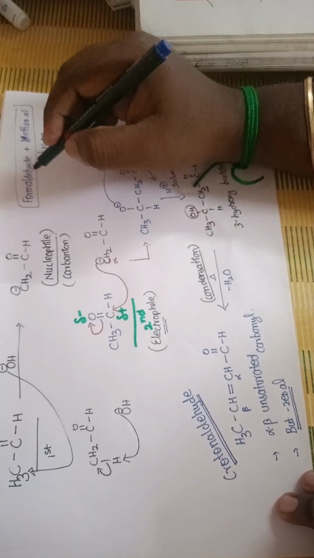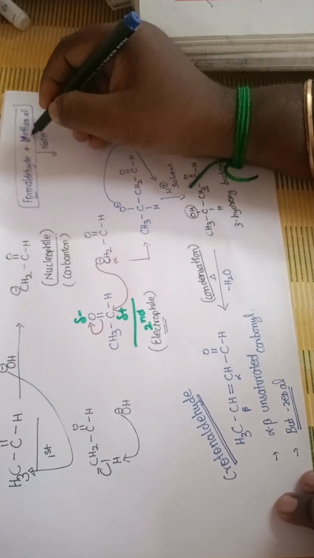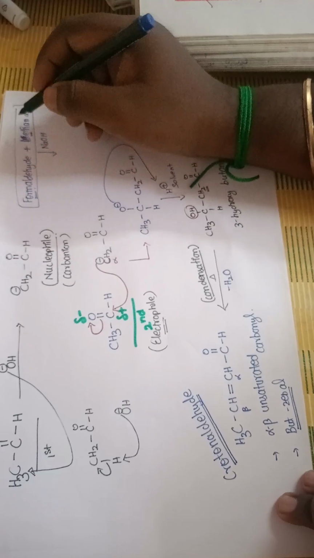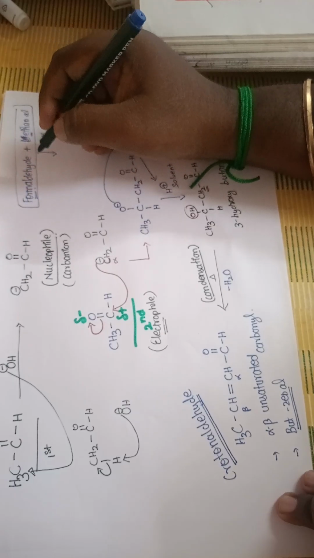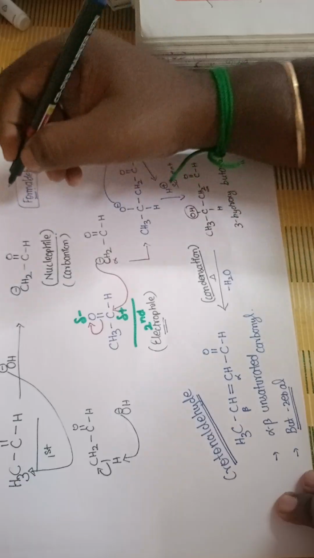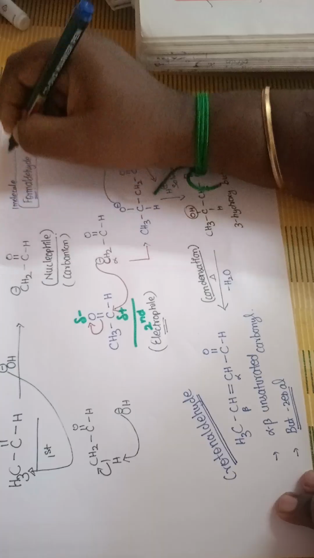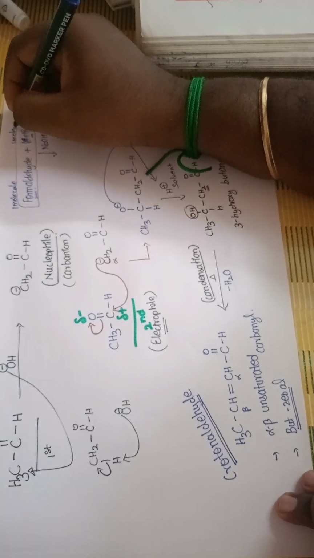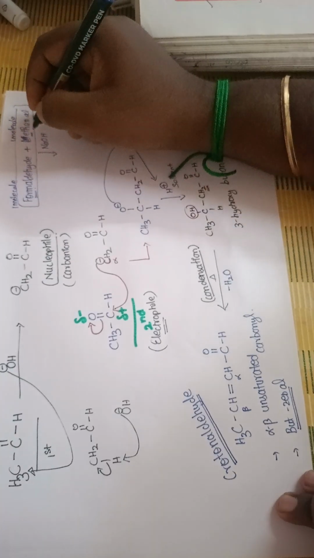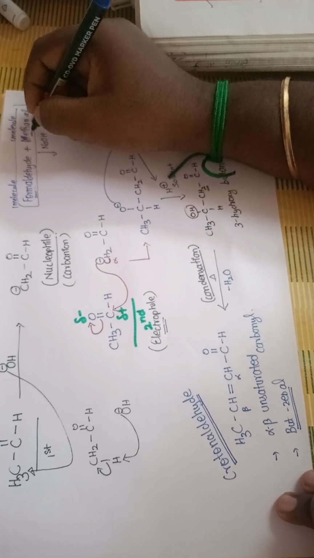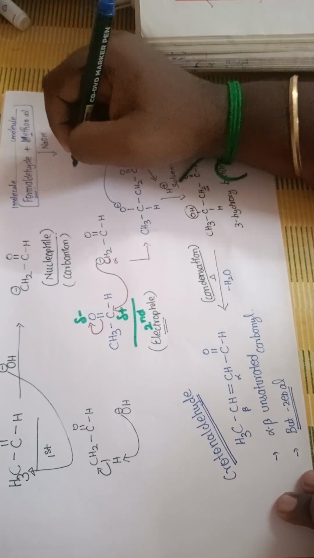Now you may ask, only formaldehyde and ethanol will react, or formaldehyde will react with another formaldehyde, ethanol will react with another ethanol. So it will give mixture of product, but as of now you consider I am taking one molecule of formaldehyde and one molecule of ethanol. In that too, that first molecule of ethanol forms nucleophile. That nucleophile is going to attack the formaldehyde. Like that you form the product.